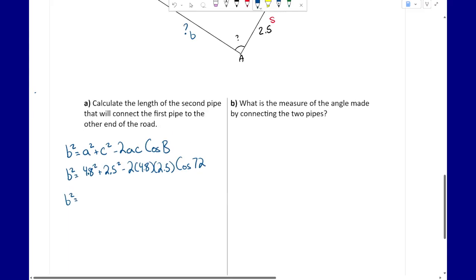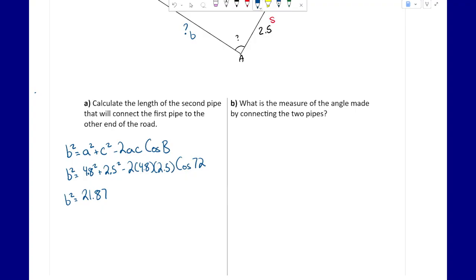B squared equals, again, as we talked about in the lesson, we can do this entire calculation all at once as long as we're comfortable with our calculators. 2 times 4.8 times 2.5 times cosine 72, and we should get 21.87.